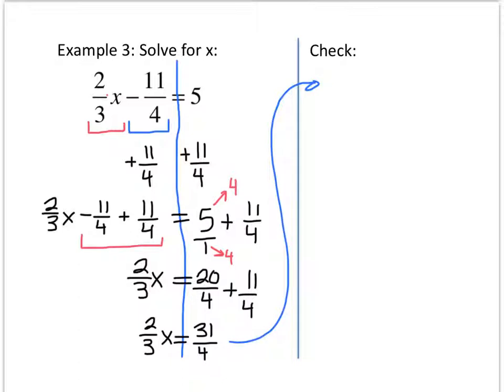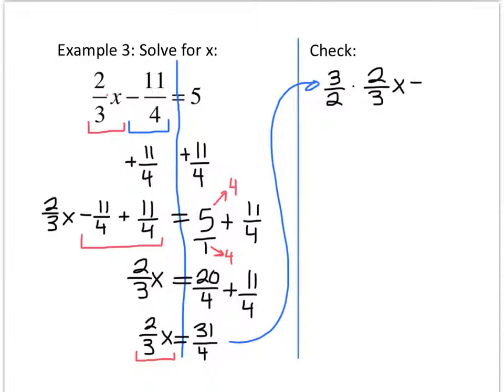I still need to isolate the x, and I notice that the x is connected by this 2/3. Now this is again where it gets tricky. Since it's multiplication, I'm going to cancel the multiplication with division. But if we remember, dividing by 2/3 is the same as multiplying by its reciprocal. So really what we're doing is multiplying both sides by the reciprocal of 2/3.